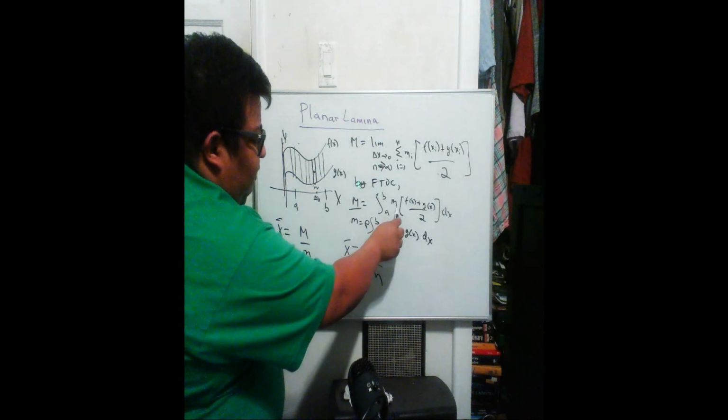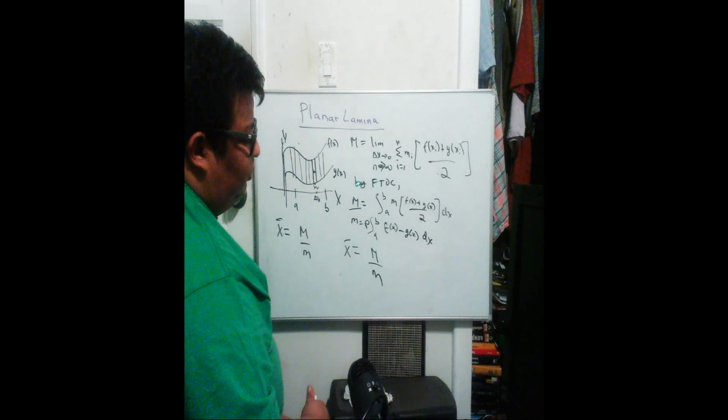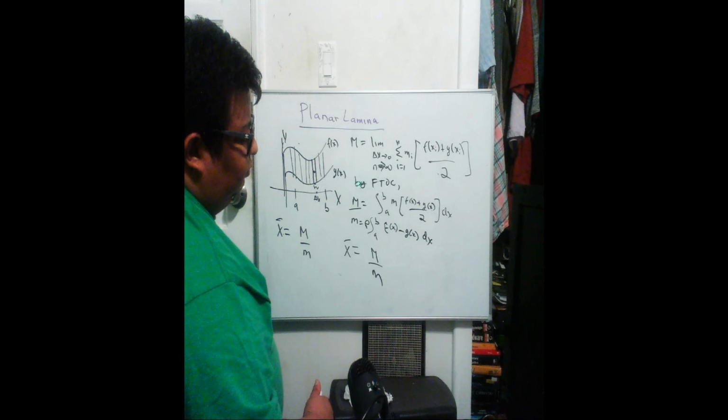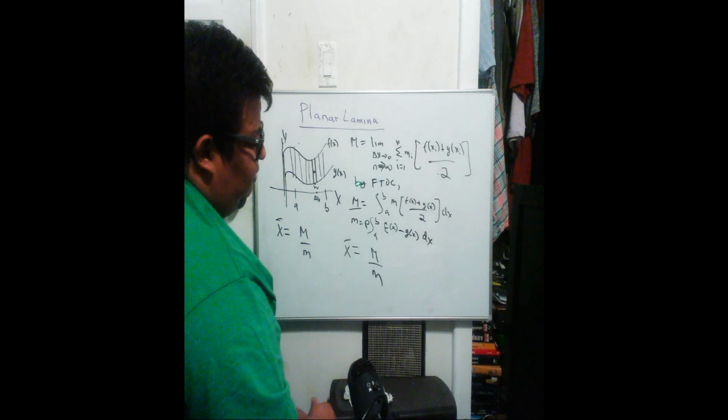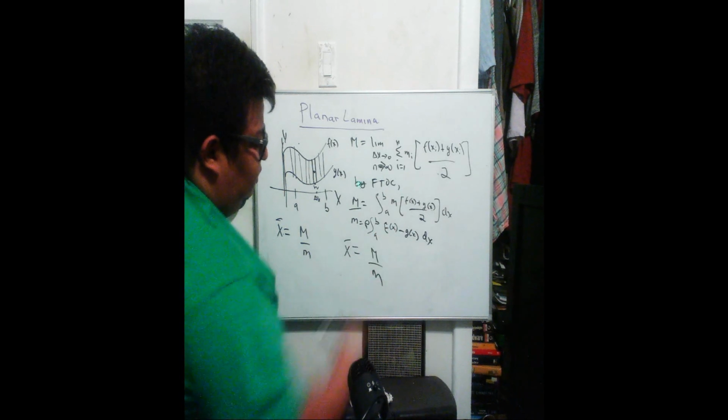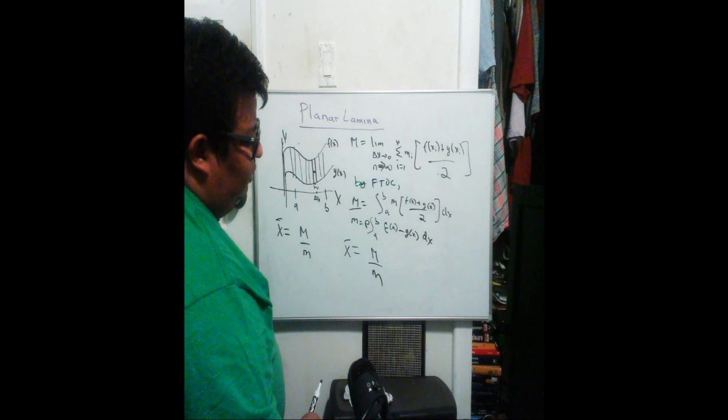And as we know, the mass here is going to be equal to rho times the area, which is f of x minus g of x. Yes, that's the mass. Okay, so now that's all I needed to do. Now you plug in these integrals here, you should get your final formula.